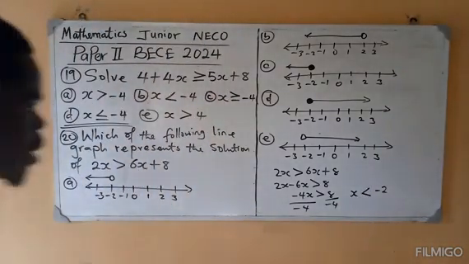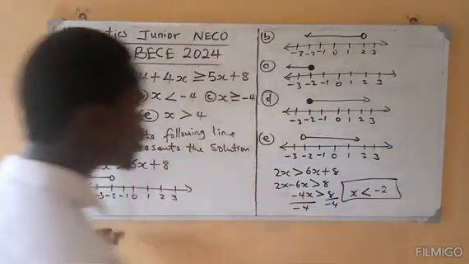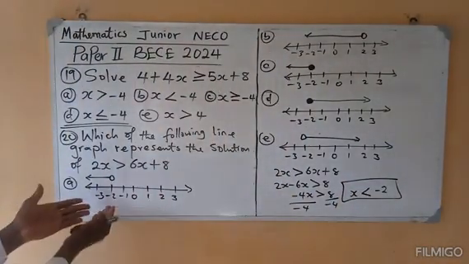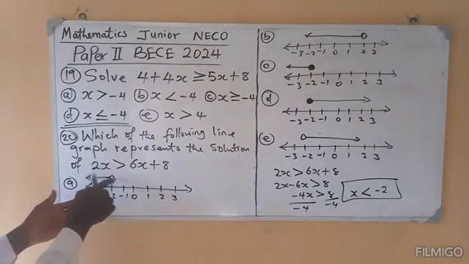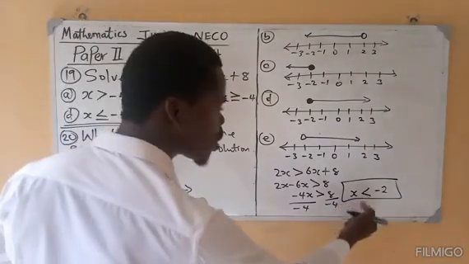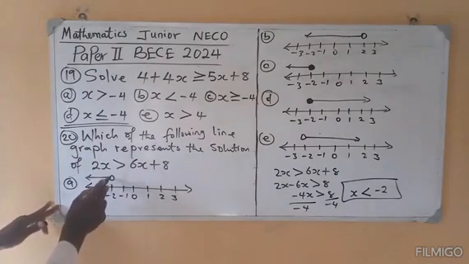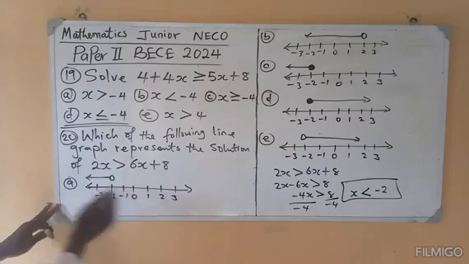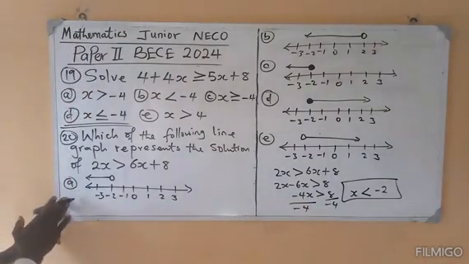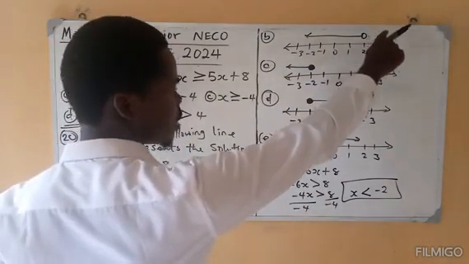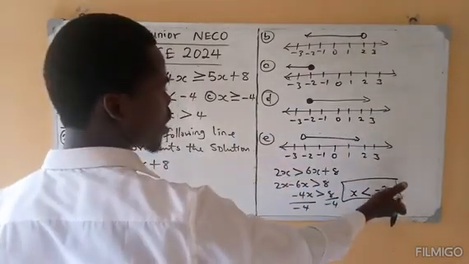Now let's check with the number line which of these is correct. When we consider the first one, the circle which is unshaded shows that the inequality does not have an equality sign. So we have x less than minus 2, and as we can see, option A is correct. Here it is saying plus 2, but this is minus 2.